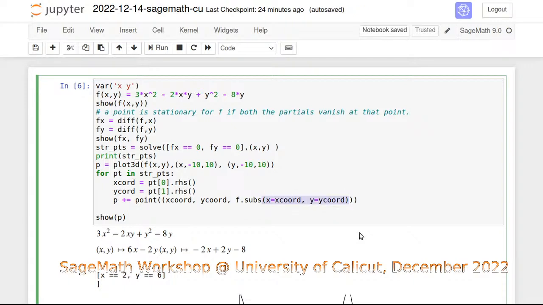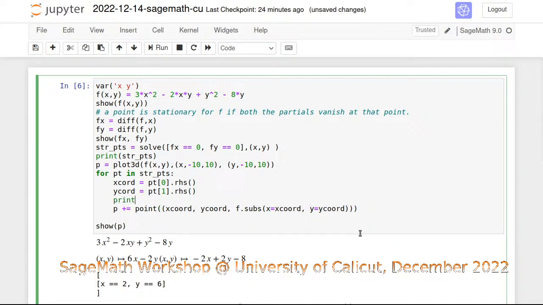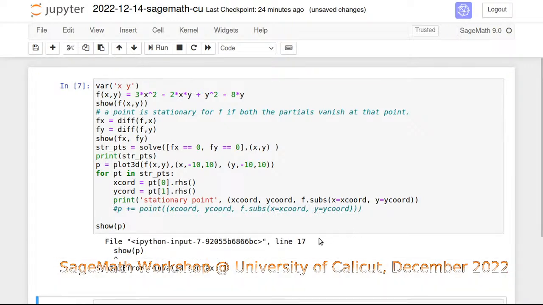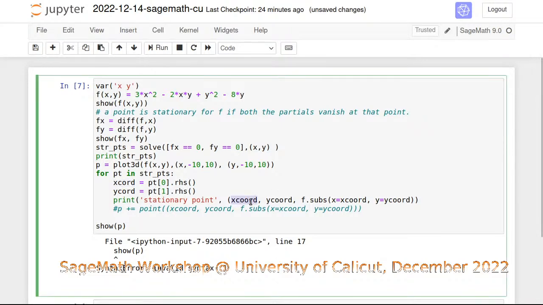Maybe we can even try to see the point in print. The stationary point is this tuple. Before even plotting, let's try to see this. Actually, sir, the x coordinate and y coordinate spellings where we have defined is different. Okay, I got it.